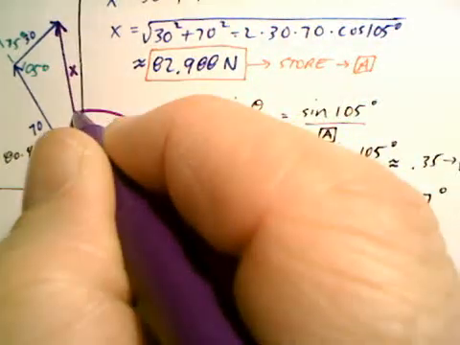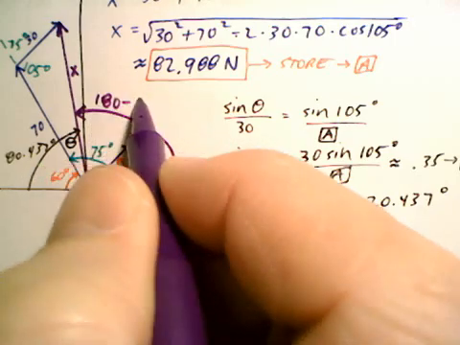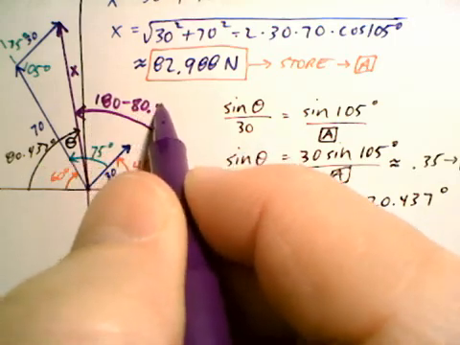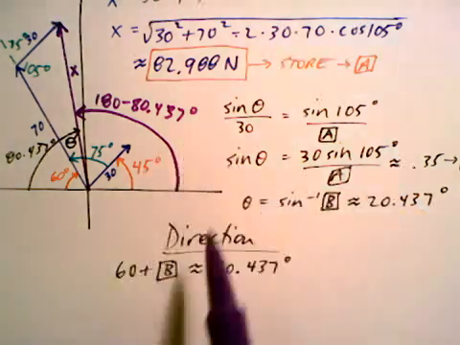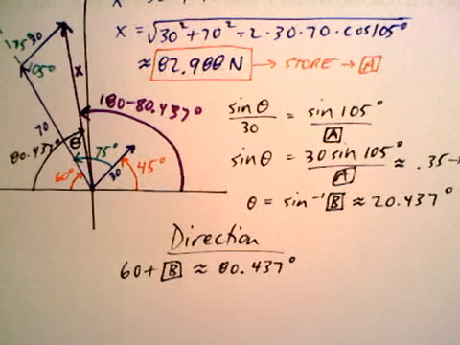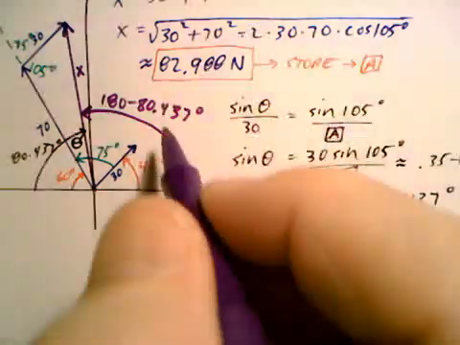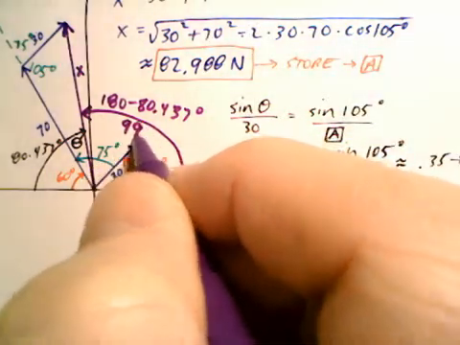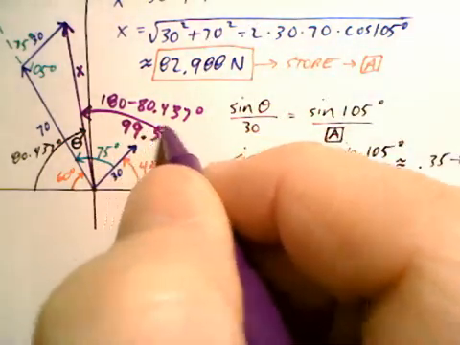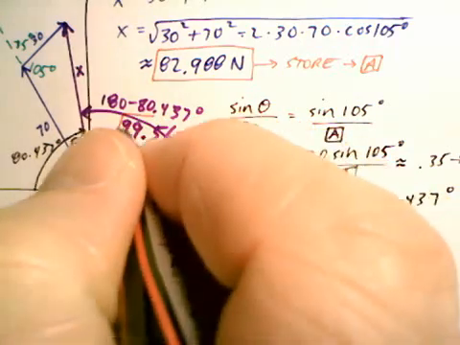So this angle right here is going to be 180 minus the 80.437 degrees. And that's going to be the angle at which our resultant vector makes with the horizontal. So we have 180 minus 80.437, and we get 99.563 degrees, and that's our answer. That's the angle that our resultant vector makes with the horizontal.